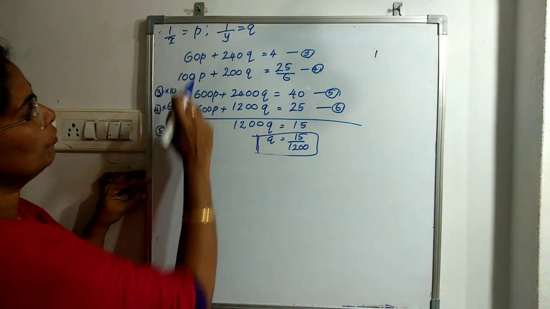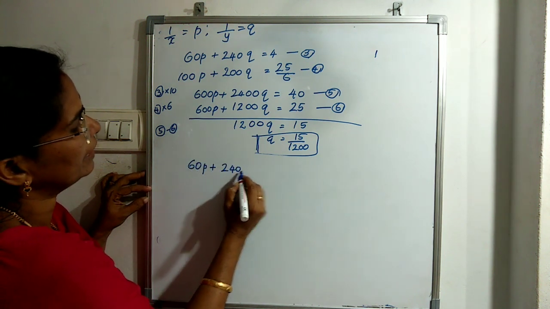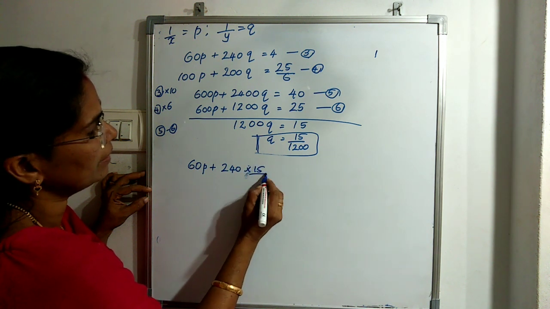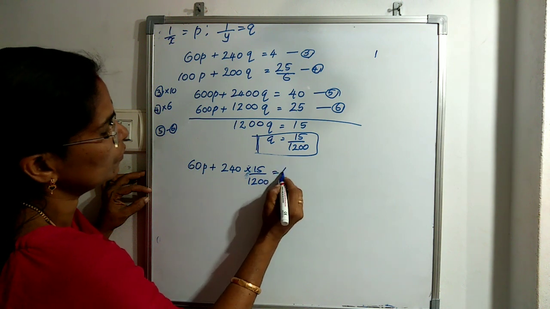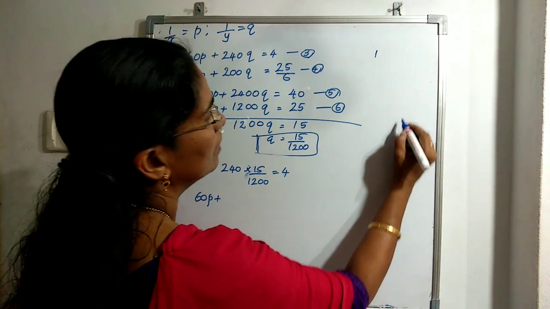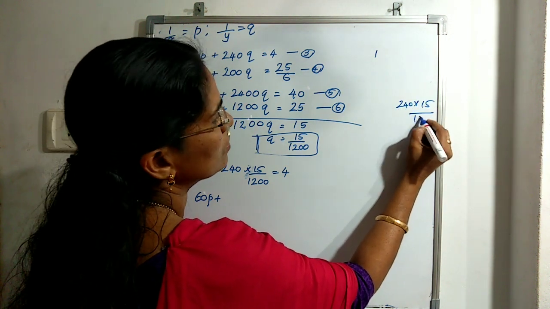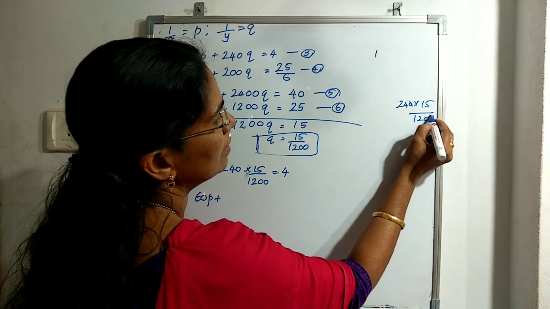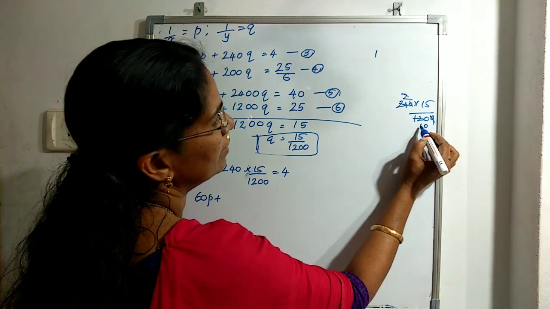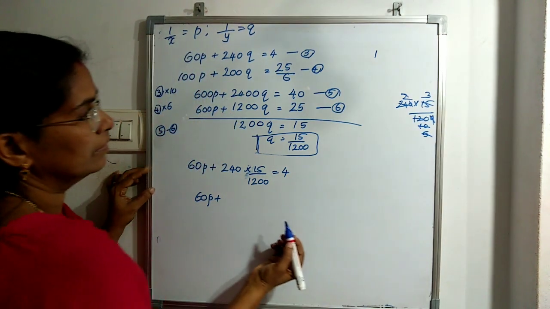Now we can find the value of p, that is 60p plus 240q is equal to 4. Instead of q we can substitute the value 15 by 1200. 240 into 15 by 1200, zeros cancel, dividing with 12 it becomes 2 and this becomes 10, again 10 and 2 cancel, it becomes 5 and 5 fifteens, then it becomes 3 only.